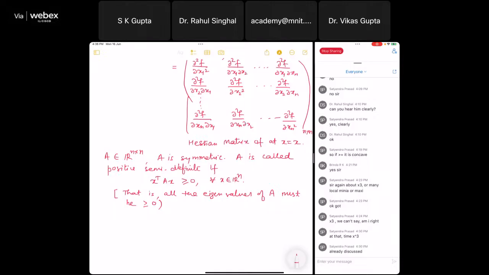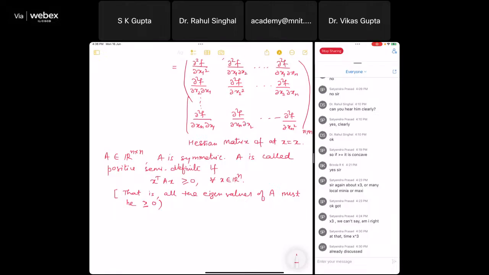Because it is symmetric, all eigenvalues are real, so we can talk about greater than or equal to, or less than or equal to, right? And if all the eigenvalues are greater than or equal to 0, then we can say that the given matrix is positive semi-definite.